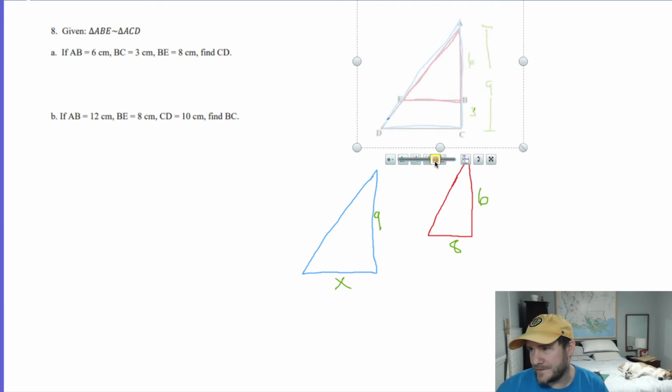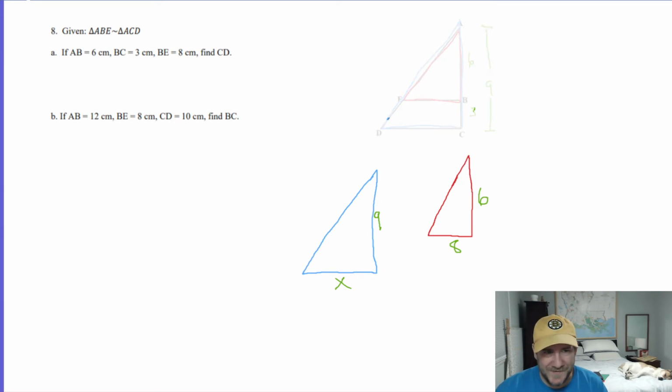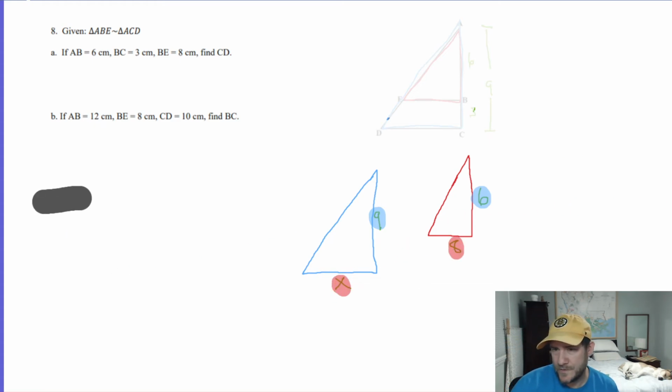So it's partially covered. You're ignoring that. Just use this thing here. So again, who corresponds? The 6 corresponds to the 9. The 8 corresponds to the x. So we can set up a pretty simple proportion.